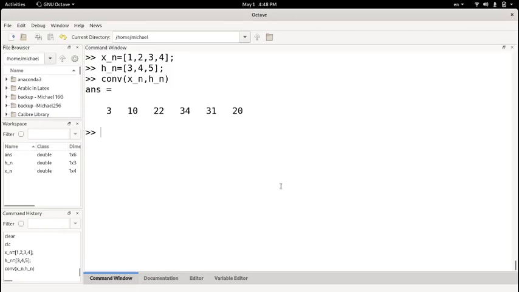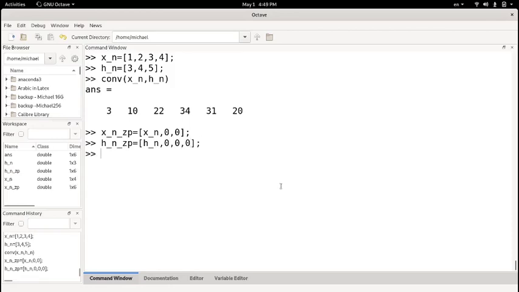We can do it in different ways. I can define xn zero padded, which is equal to xn, and then I will add 2 zeros. This way it will have a length of 6. And I will define hn zero padded, which is hn, and I will be adding 3 zeros, which will also be of length 6.